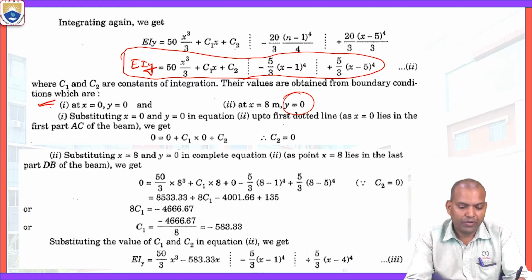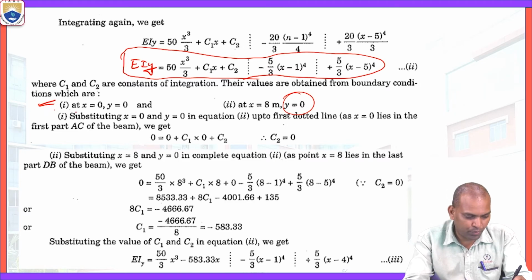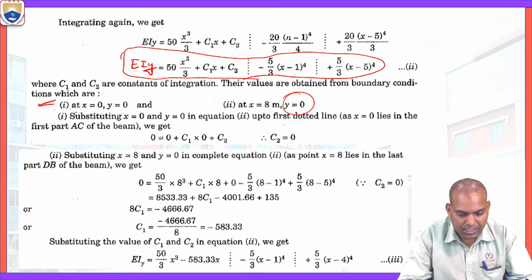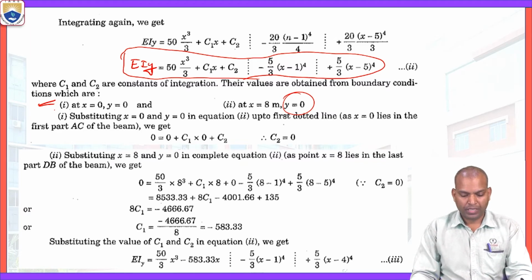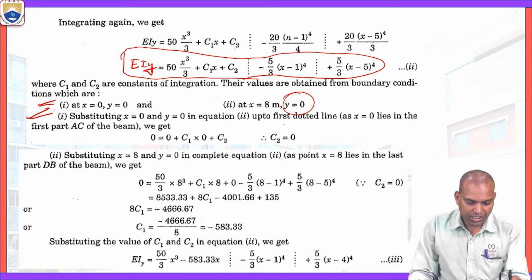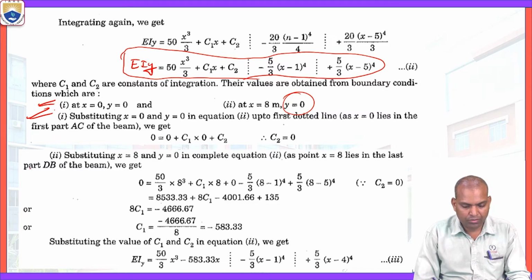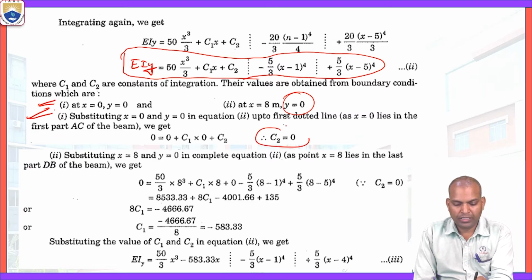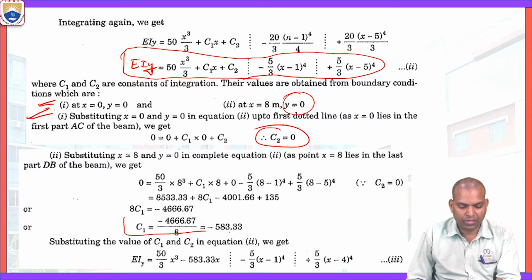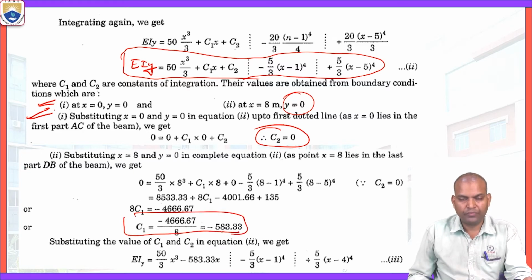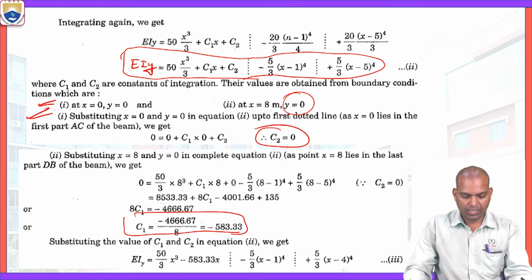We substitute these two boundary conditions in equation 2. Substituting x equal to 0 and y equal to 0, C2 becomes 0. Then substituting the second boundary condition, C1 is minus 583.33.